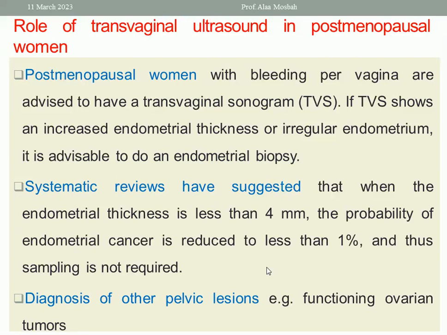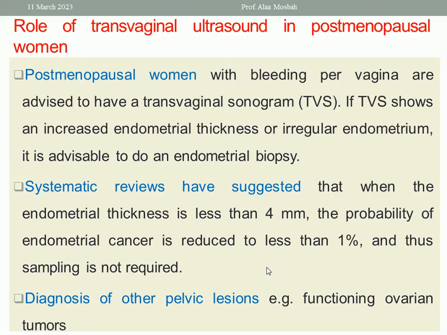However, if there is persistent bleeding, even with less than 4 millimeter, you may need an endometrial biopsy, because some malignancy may be associated also with this thin endometrium. But commonly, if the endometrium is less than 4 millimeter, the possibility of endometrial hyperplasia and endometrial malignancy is very rare.